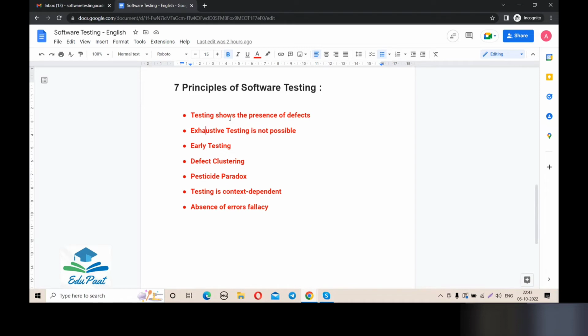Now, what is the Pareto principle? It is 80:20. That is the Pareto principle. What does it mean? It means 80% of defects are due to 20% of code.